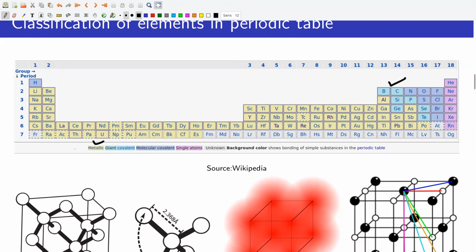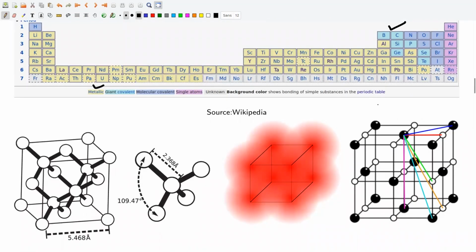For example, if you look at this region, the yellow region, all of them are forming a solid via metallic bonding. And if you see the small region shown in blue, they are forming a solid via covalent bonding. Covalent bonding takes place via hybridization and overlap of atomic orbitals.